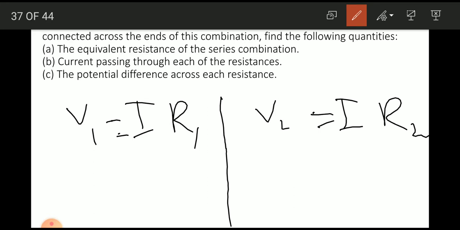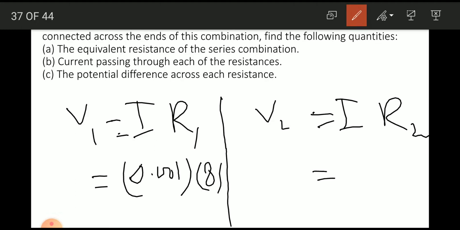The current is the same because the combination is connected in series. Here we will write the current, which is 0.001, multiplied by 8 kilo ohm, and write the value of current and resistance to it.